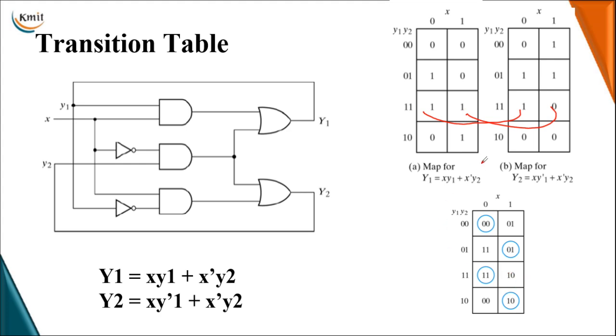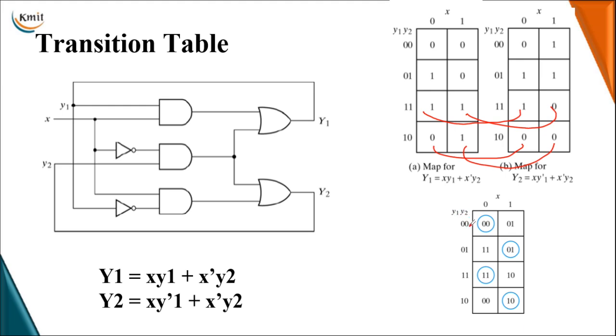Along with this, my present state is 1 0, x value is 0, so Y1 is 0 and Y2 is 0. Next, x equal to 1 with the present state of 1 0, the next state is 1 0. Now we obtained the state table, the transition table.